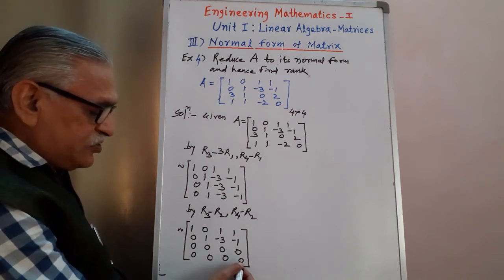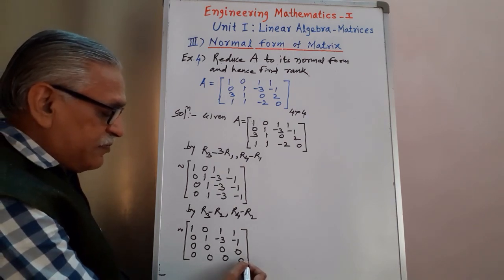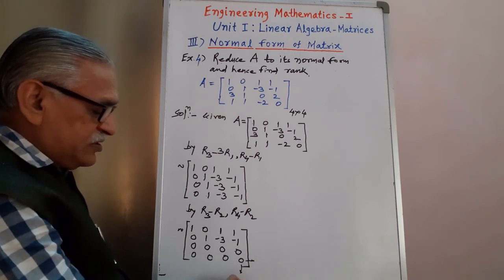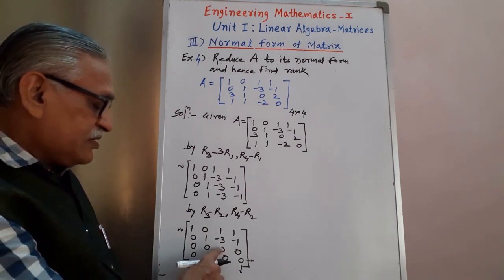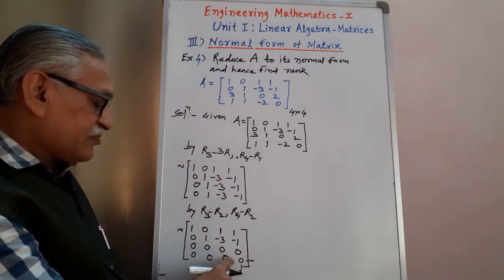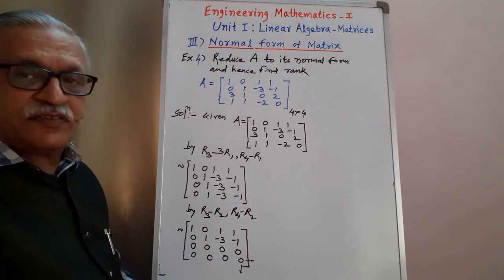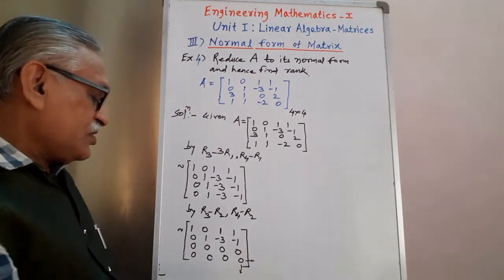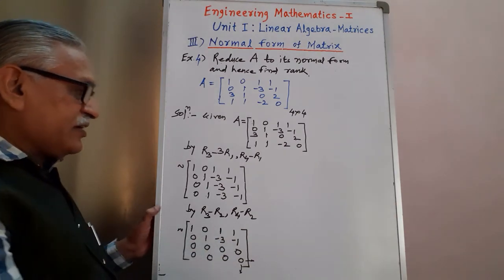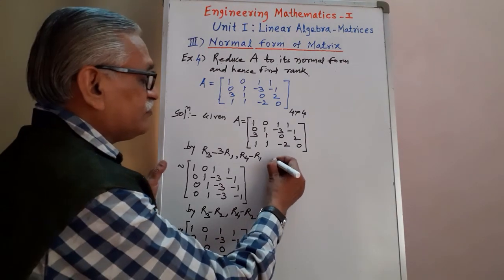And for this last 0, no element is available below it, in front of it, or above it, so that we can make it non-zero. Means these two elements we have to keep as they are. Therefore whatever form we are getting is the canonical form.